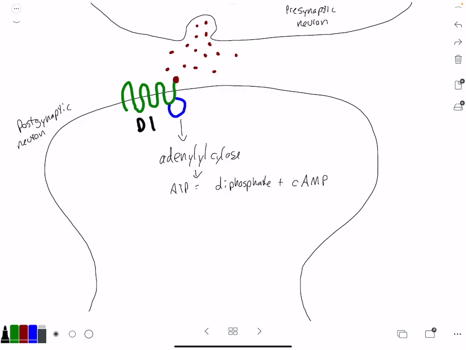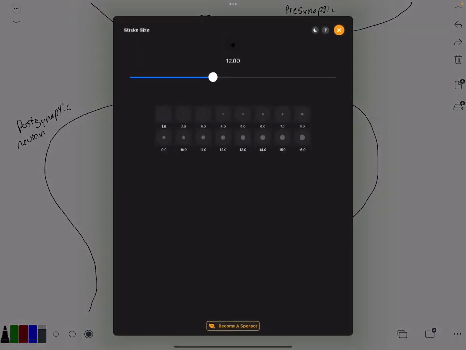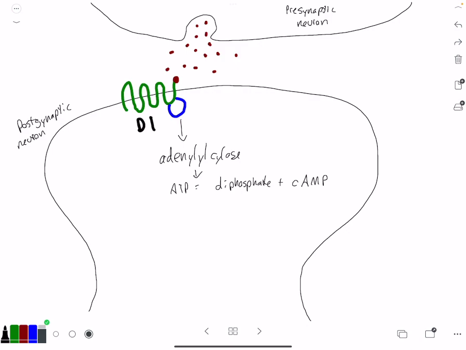And so what this does, well, first, our cyclic AMP specifically will act as a secondary messenger leading to signaling that will potentiate our NMDA receptors.